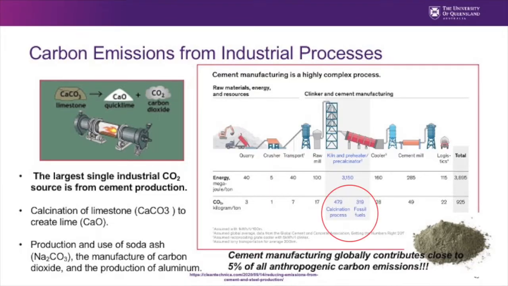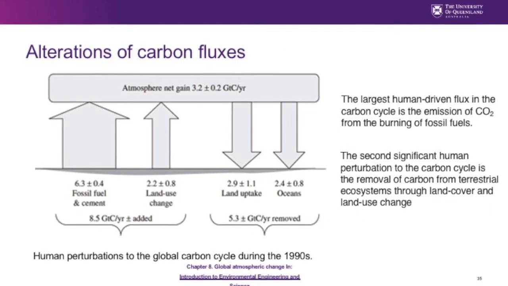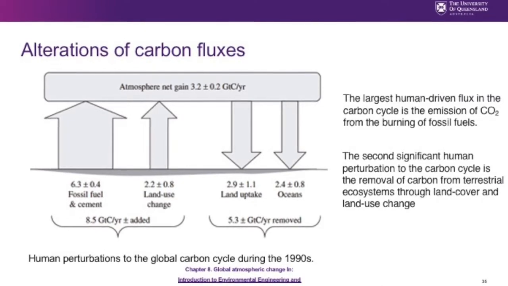And if we sum not only the cement production, but the amount of CO2 from the energy that is required to produce the cement, this number becomes really big. It comes to a total of 925 kilograms of CO2 per ton of cement. So from these numbers, we can already see where the problem is, right?